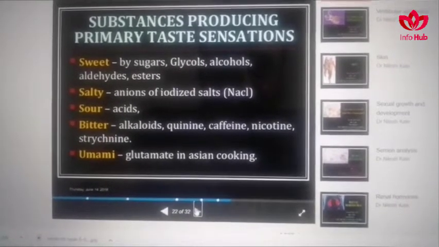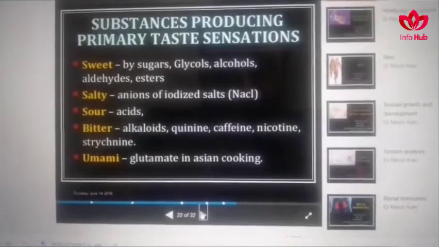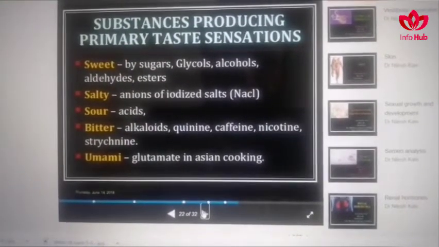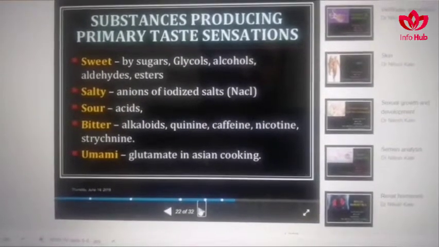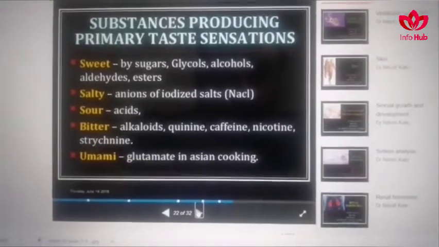So you have sweet, salty, sour, bitter, and umami, whatever you call it. So you have 5 basic taste sensations.